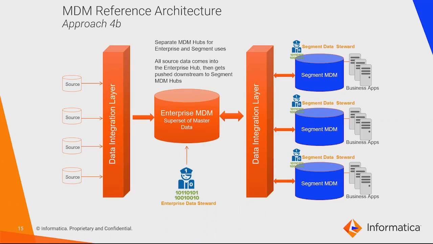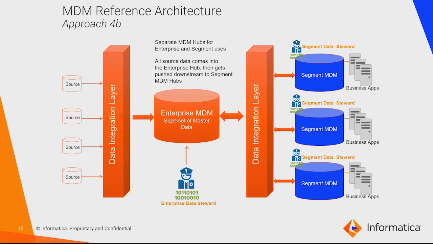Generally, no regional extensions or locally specific changes are made to the data model because it's assumed that those will be handled in the specific MDM instances. Now, the beauty of this approach, as you can see, is that everything is centrally managed, all approvals, all the data quality. And so it gives you very good control of the quality of data that gets into the rest of the enterprise. This approach allows you to become more proactive with the data issues rather than finding them out late in the game.